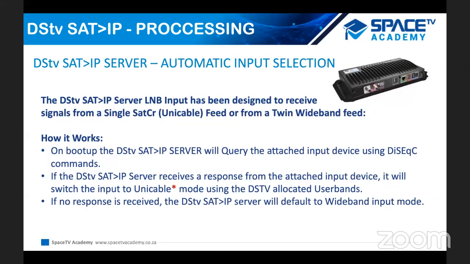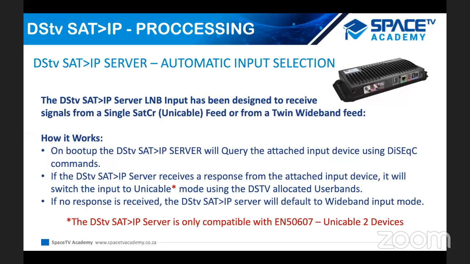So basically the server will determine automatically which of the 2 LMB types or feed types you have connected to it. And it's important to know that the DStv SATIP server is only compatible with the EN 50607 unicable 2 devices. Now, it's not a big challenge. Most of the devices available in the market today are all EN 50607 standard devices.